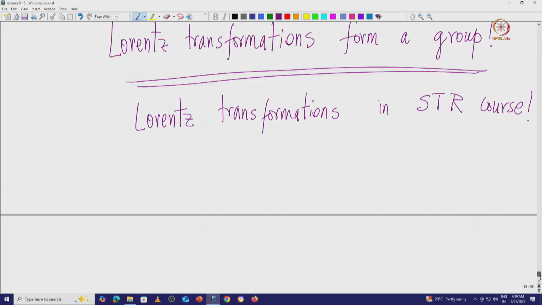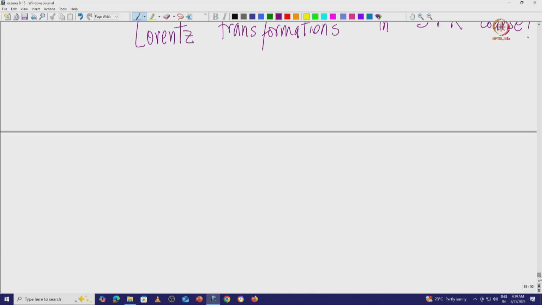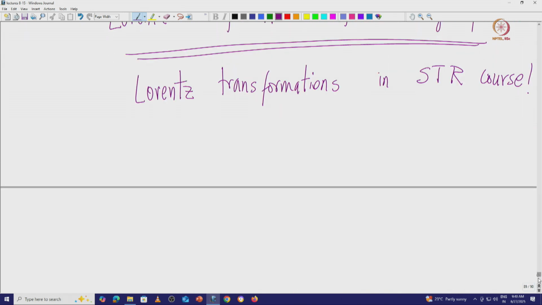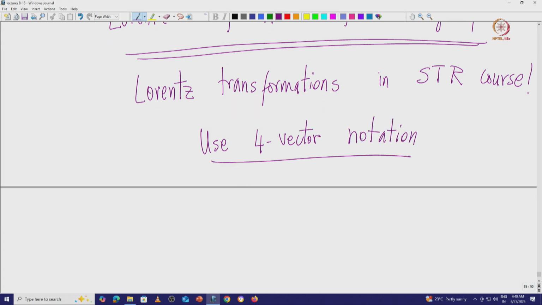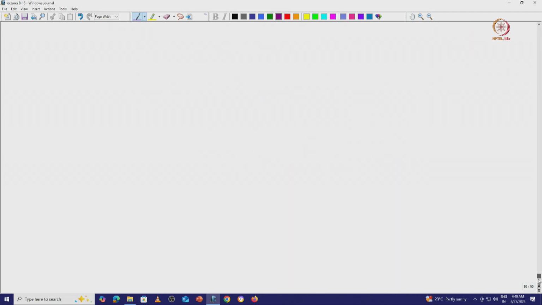Now Lorentz transformations are given by, let's choose a 4 vector. We'll use the 4 vector notation which we have been using all along, but just to re-express it, let's just say there is t and x, or let's write x0 and x1.